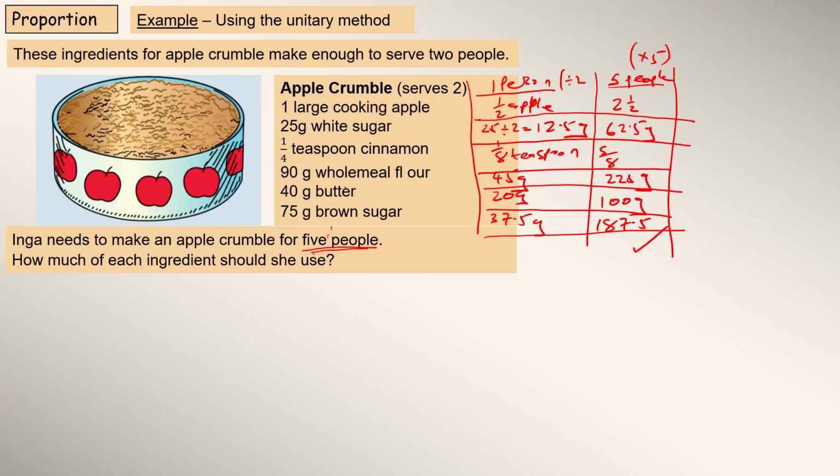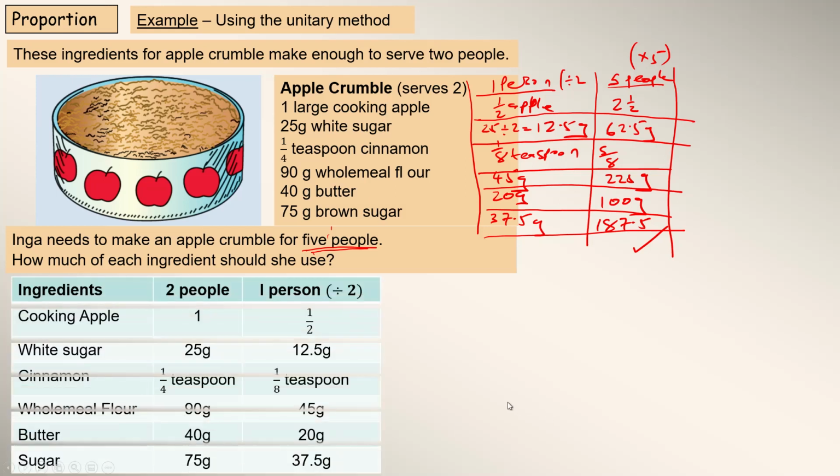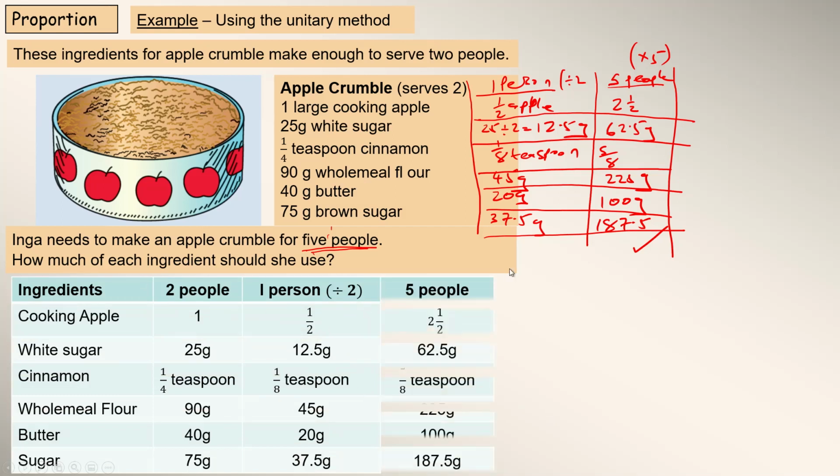Or I could have doubled my 2 people to get 4 people, and then added the 1 as well. So either method is fine. I've got a neater table here, so there we are. So that's for 1 person, halve it, and then for 5 people, let's put times 5 here.